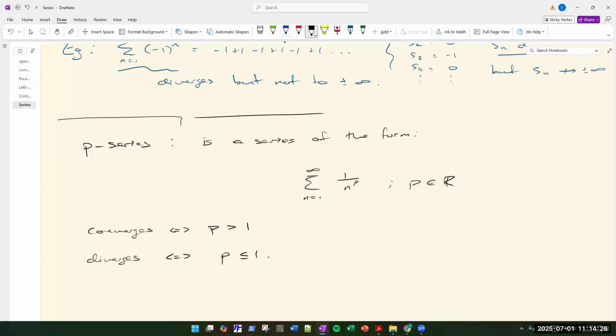The best example of this again is the divergent harmonic series. This is the value when p is equal to 1. However, if it was 1 over n squared, then that series will converge.